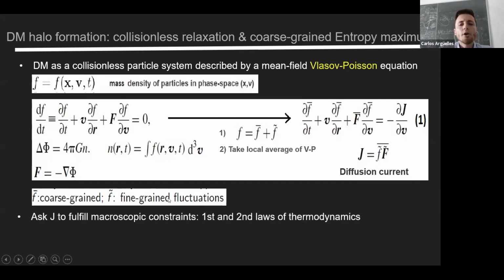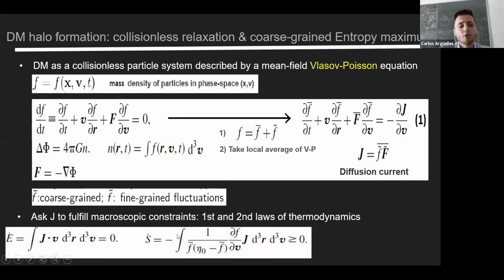So one way to do this, because it is a difficult task to solve these equations since you have to know the microphysics of the fine-grained fluctuations, is to ask this effective diffusion current to fulfill macroscopic constraints, just the first and second law of thermodynamics, so energy conservation and entropy maximization.